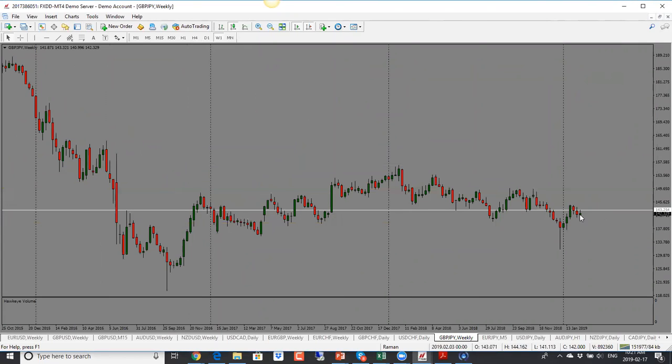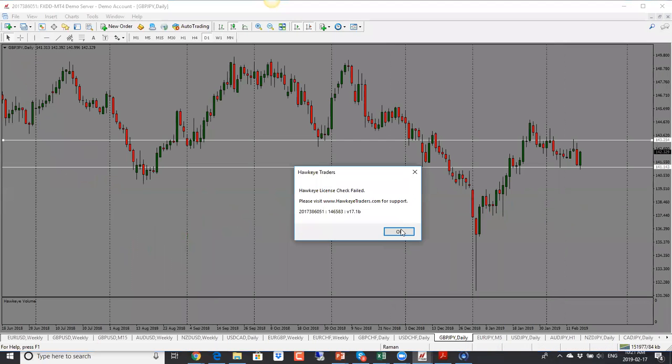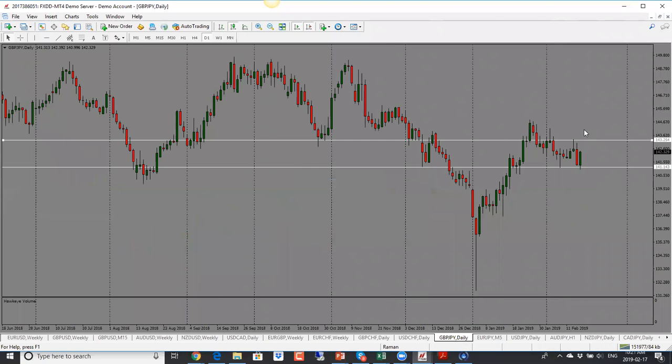Okay, pound yen. Pound yen on a weekly here. Okay, so here, this one is neutral as well. Price didn't really do a whole lot during the week. It dropped a bit into the support and then it has pulled back from there. So basically a very neutral candle from the weekly perspective. So let's go on to the daily here. On the daily, price has just been going back and forth in this range right now.